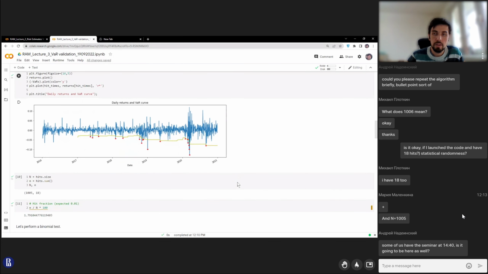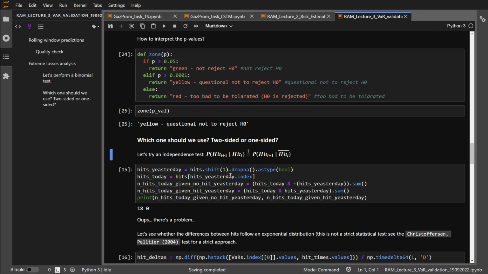Okay, so that means that before running a formal backtest, we actually need to test the independence of occurrence of these hits over our sample. Unfortunately, it's not very easy to do because that kind of test of independence of hits requires very large samples and a vast amount of observations.